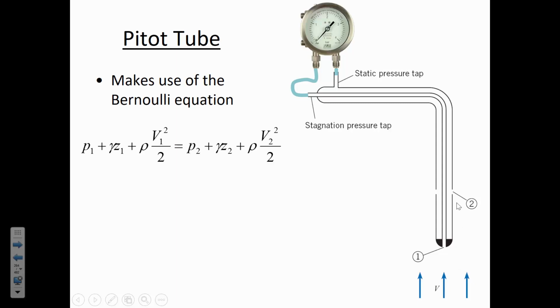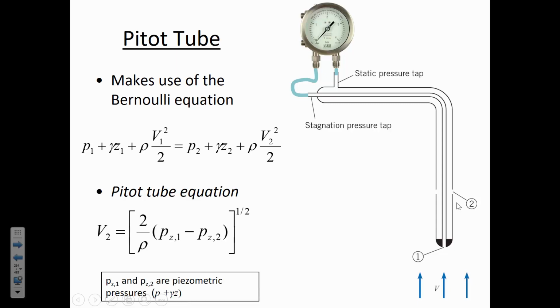So if we consider the entire Bernoulli equation, what we see is that if we rearrange it based on the fact that there's no velocity at location 1, so cancel out the V1 term, what we can rearrange is that the pressure plus gamma z at 1 minus the pressure plus gamma z at location 2, and then we've divided by 2, multiplied by 2, divided by the density, because if we're wanting to solve for the velocity at 2, and that's what the main application of pitot tubes is, to measure the flow velocity in pipes or on airplanes.